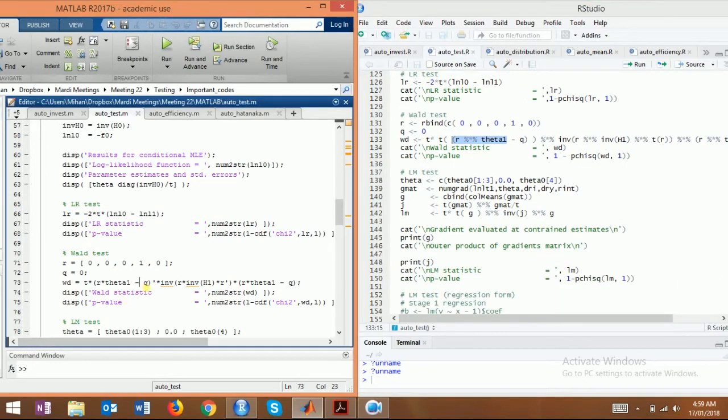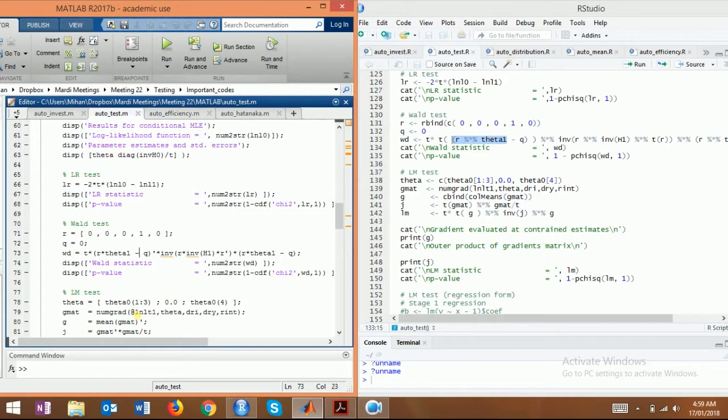Then LM test. So theta naught, we want the LM test on the first 3 elements, and 0, and theta naught for obviously beta 1, beta 2. 3 elements, then rho. You see beta naught, beta 1, beta 2, 0, then beta 3, sigma.